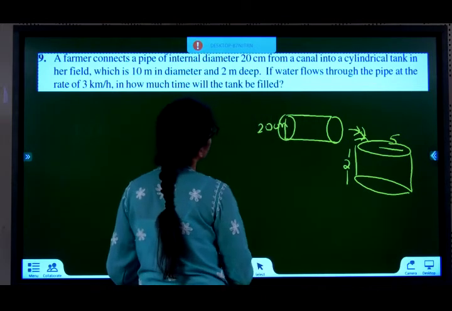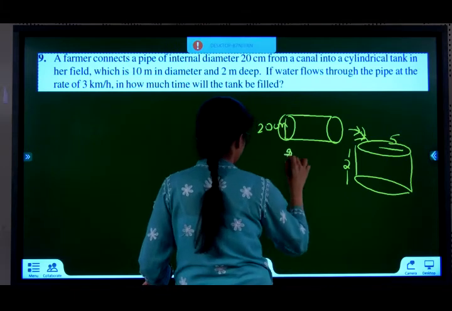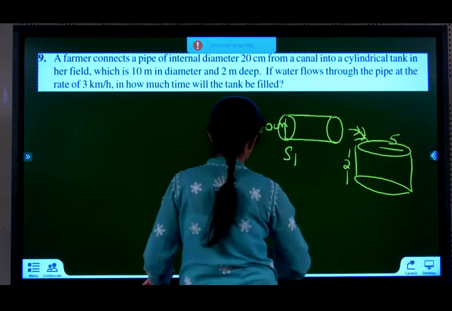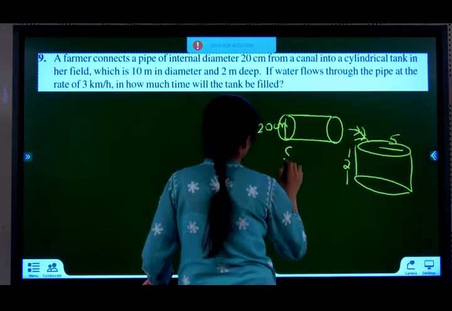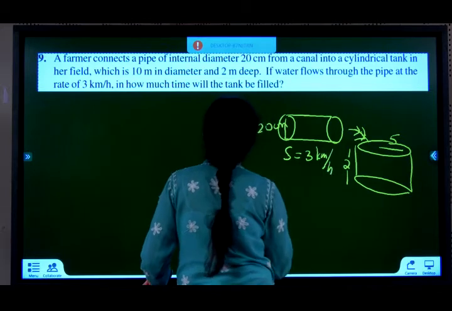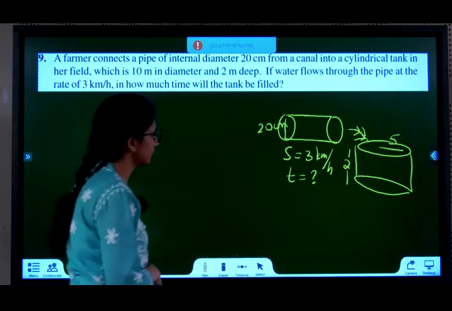If water flows through the pipe at the rate of speed given, 3 kilometer per hour, find the time taken to fill the tank.